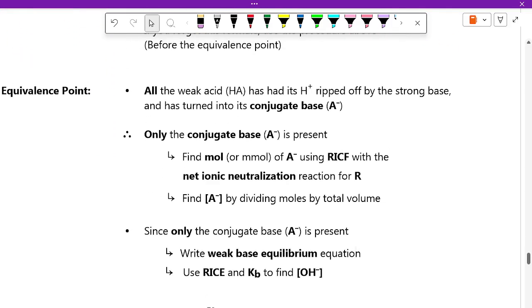Equivalence point. That's where all of the weak acid has turned into its conjugate base. Only the conjugate base is present. So you find the moles of A minus using the RICFA table, and then you would do a weak base equilibrium using RICE and Kb to find OH.